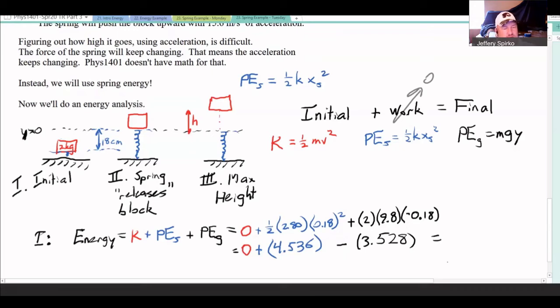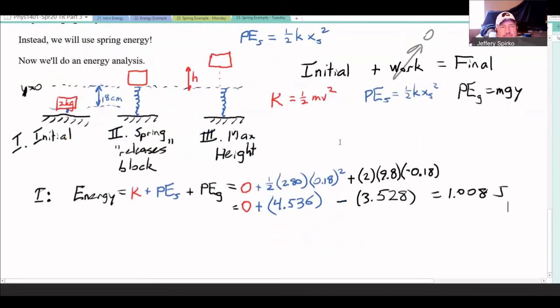So we have that plus that is 1.008 joules. So that's my initial energy in my balance of energy thinking.